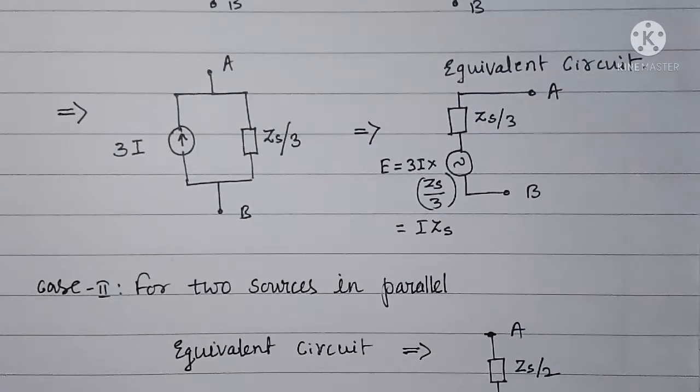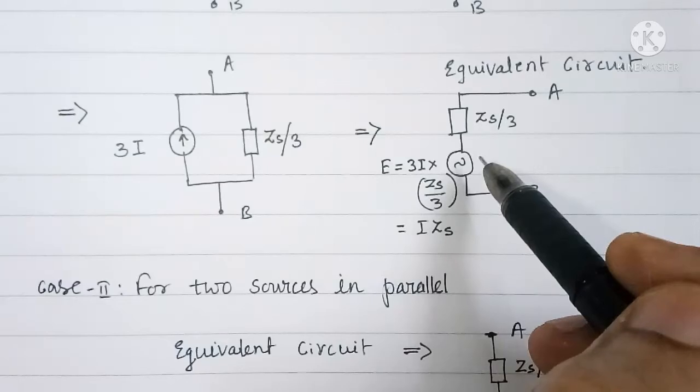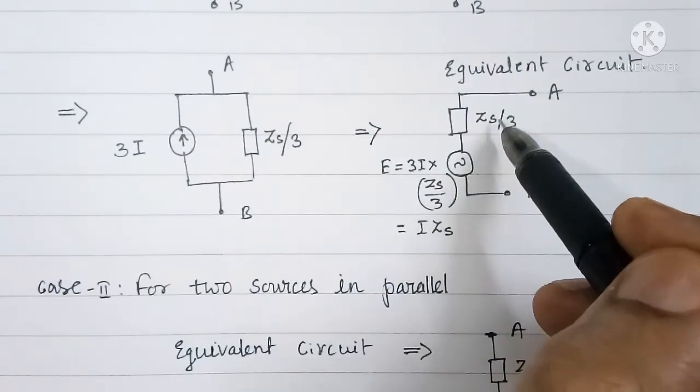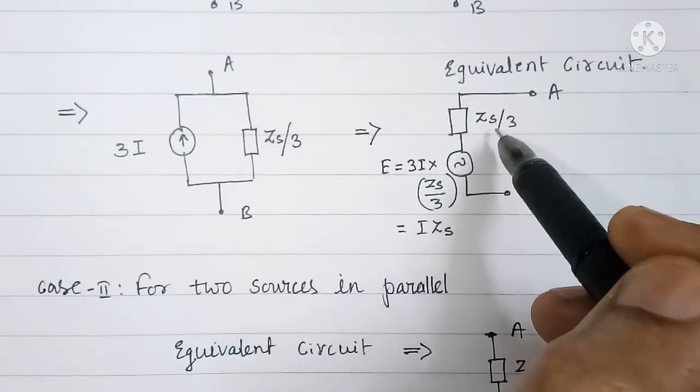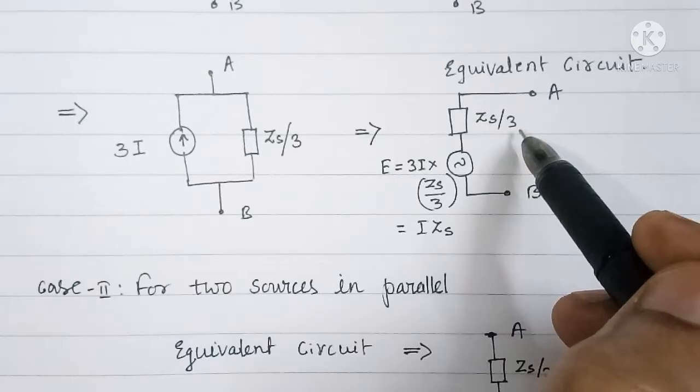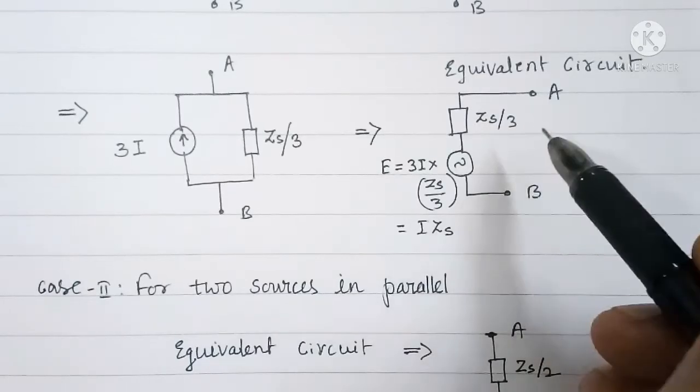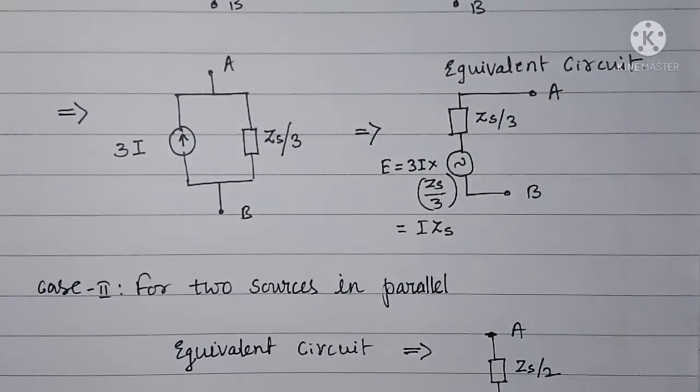And in case 1, three sources were in parallel. In the equivalent circuit, we have impedance as ZS by 3. The more the number of sources, the lesser will be the source impedance. This is what we have to understand.